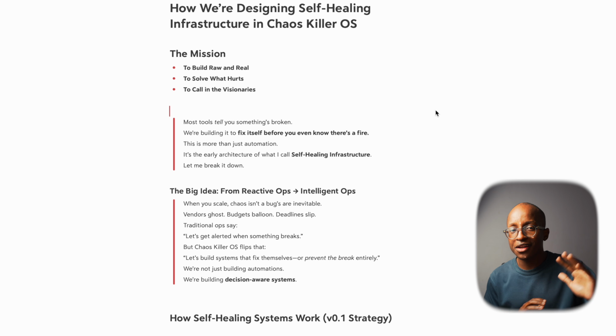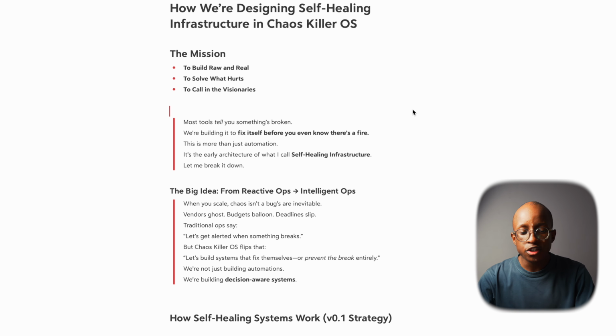Like always, I decided to try something new and go a bit more in depth. Most tools tell you something's broken, and you probably expect this to say a tool tells you XYZ is broken, but we're building to fix itself before you even know that there's a fire. So basically building that predictive analysis tool.